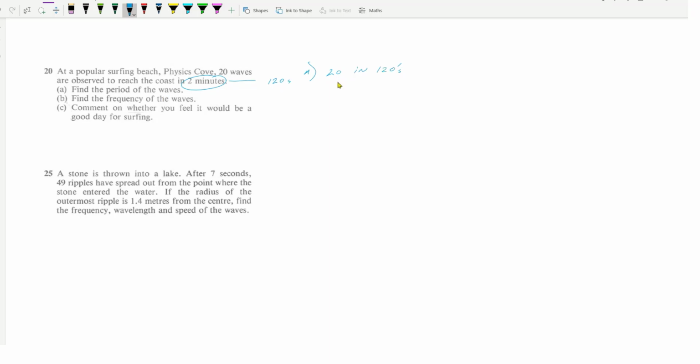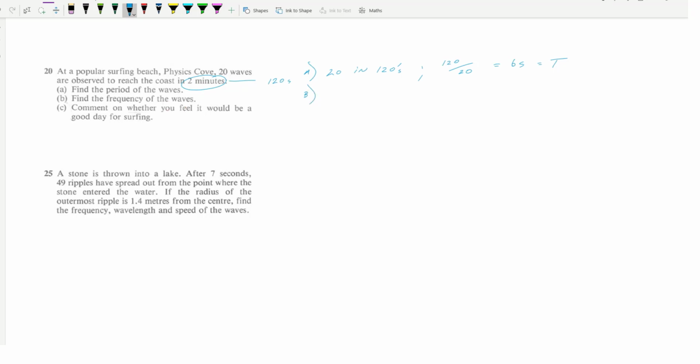Well, technically 20 waves are taking up 120 seconds, so how much is one wave going to take? So I'm simply going to do 120 seconds split over 20 waves, and that is going to equal 6 seconds per wave, and that is equal to my period.